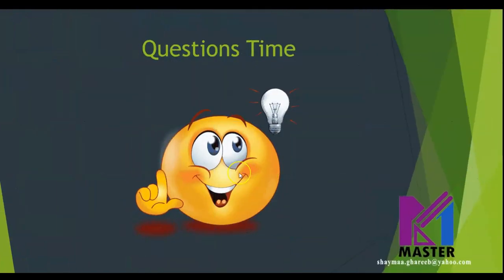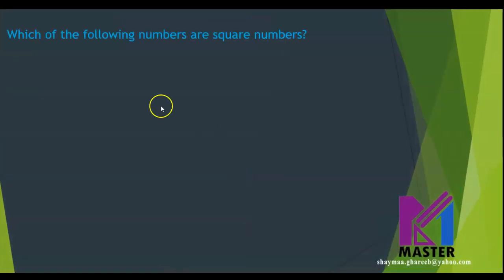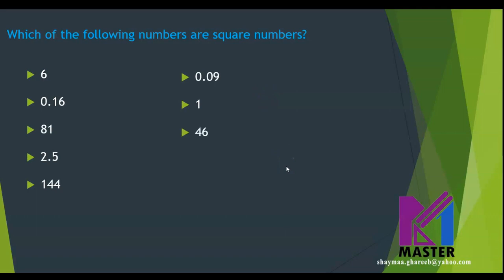Now, let's have some questions. Which of the following numbers are square numbers? Look at all these numbers and check which one of these numbers is a square number. What about number 6? Is number 6 a square number? No. So I'm going to say no. 0.16, yes, it is the square number of 0.4.